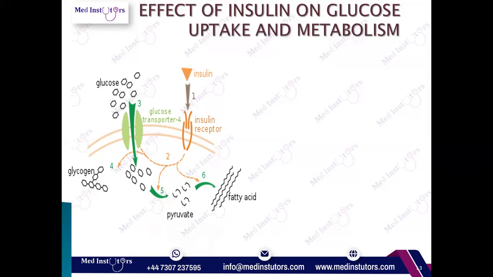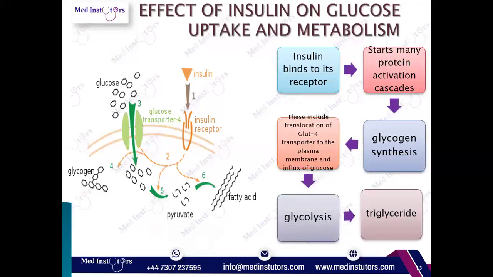Inside the cell, the glucose transporters are present in the cytoplasm. When insulin binds to the insulin receptors, a cascade of reactions happens, glycogen synthesis happens, and this translocates glucose transporter 4 into the plasma membrane of the target organ cells.